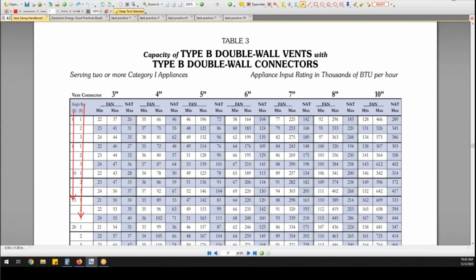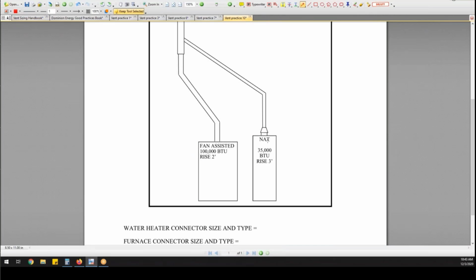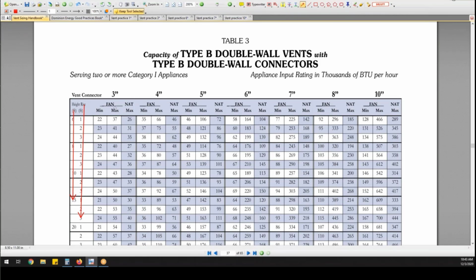Okay. Now that I've got that, my water heater is a natural draft appliance. So I come back over here, and again, I've got 2 columns. I got my fan with a min and a max and a natural. So now that I've got my height and my rise for the water heater, I want to see, there we go. My water heater's 35,000 BTUs.